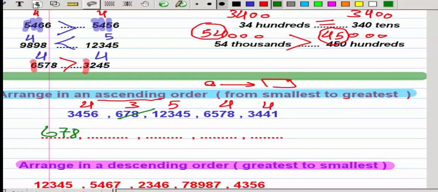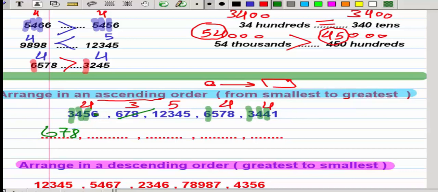Where is the smallest number? Here we want the smallest number. Here we have 3, and here also 3. What we'll do, here 4 and here also 4. The next, here we have 5 and here also we have 4.